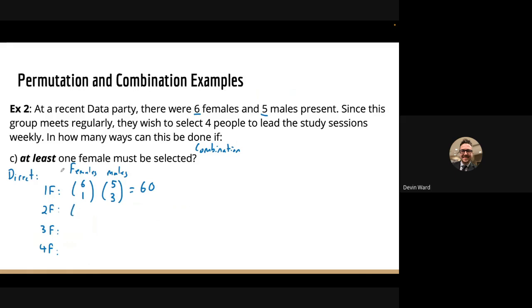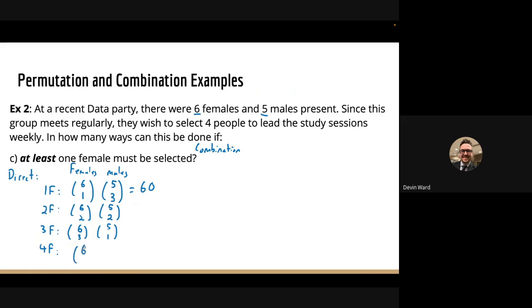Next, if we have 2 females, we just have to go through all the possible combinations when we have at least 1. So we saw when we have 1 female, how many ways there are. If there's 2 females, there's 6 females to choose from, and we're choosing 2. We still have 5 males that we can choose from, but this time we chose 2 females, so there are only 2 males left to choose from. If we were to have 3 females, it'd be 6 choose 3, and 5 choose 1 because there's 1 spot left.